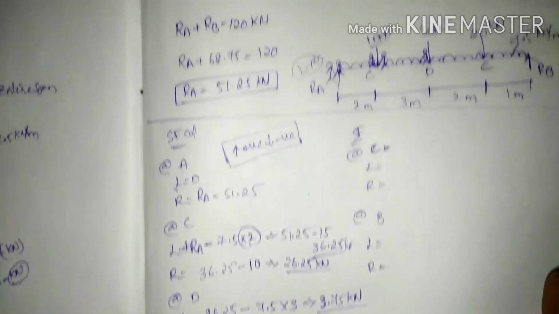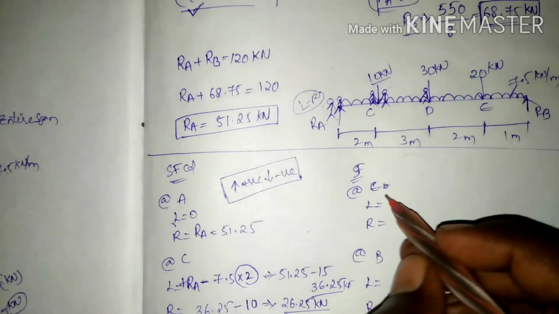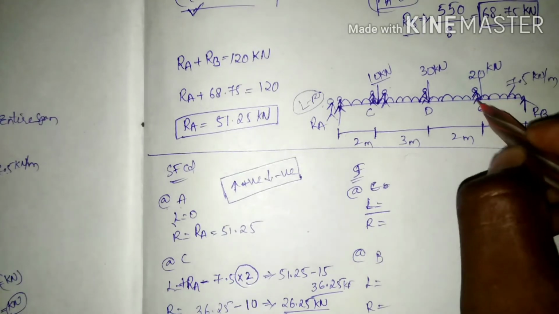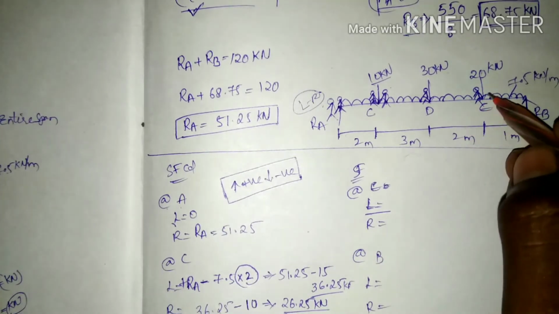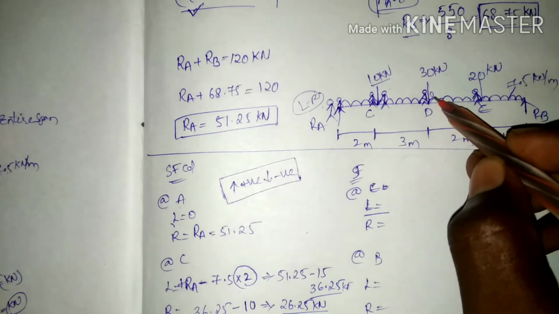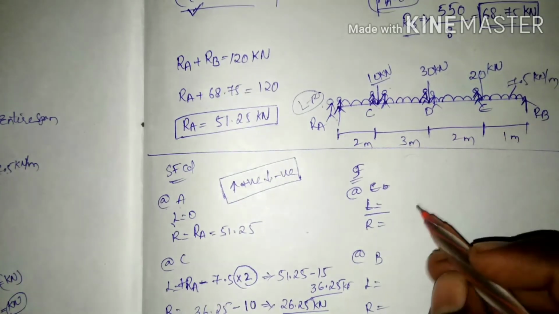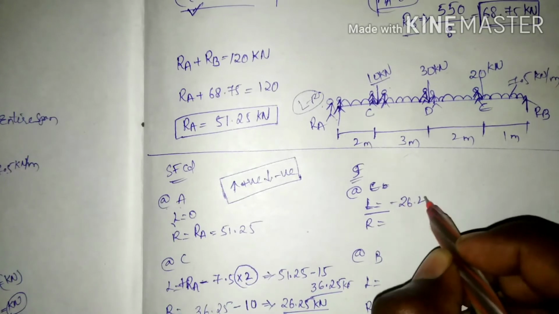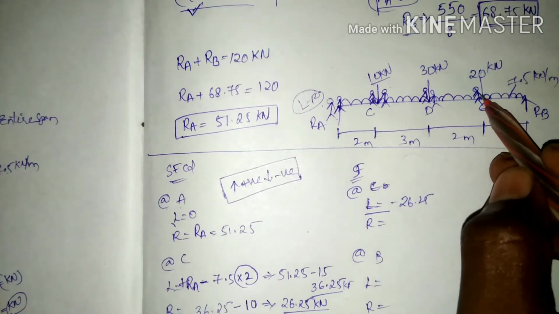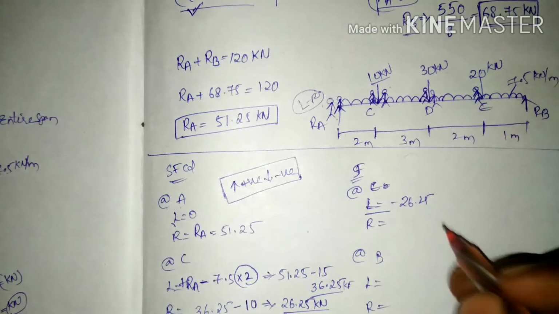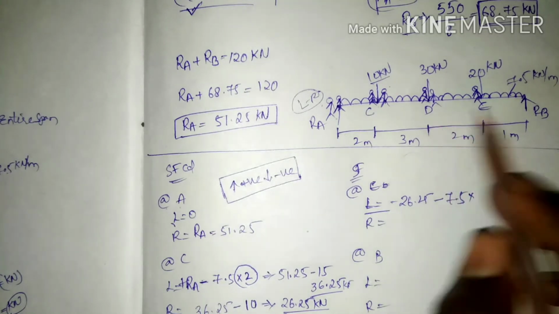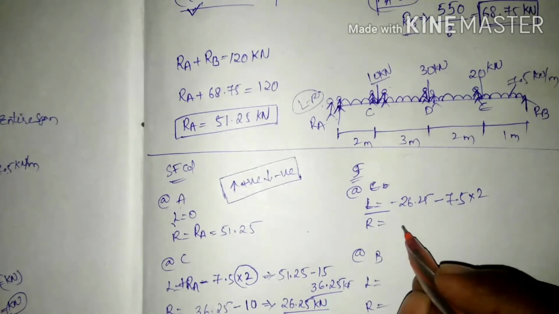And next, moving on to the E, for the left of the E, we are having a UDL with the same value as the right of the D, that is minus 26.25. Moving on to the E, for the left of the E, we are having a UDL with a magnitude of 7.5. The distance from D to E is 2 meters.